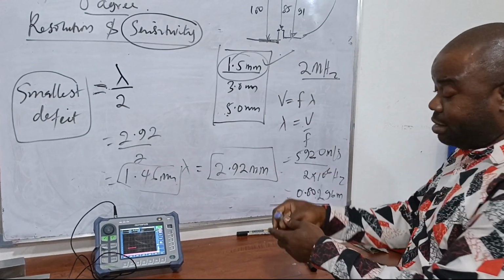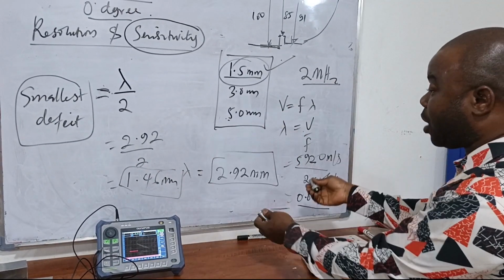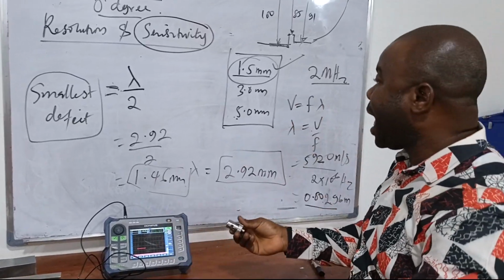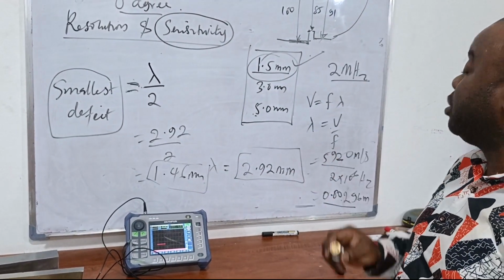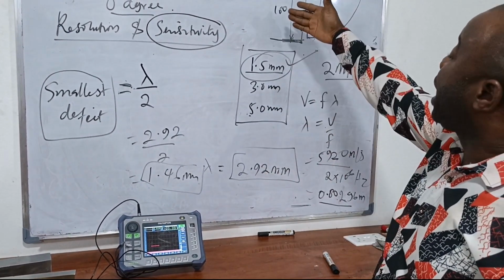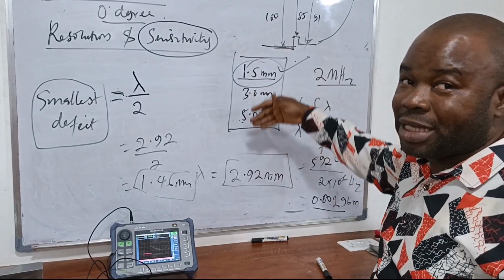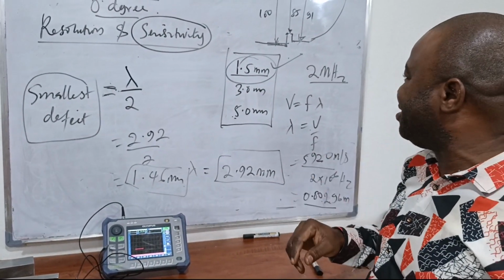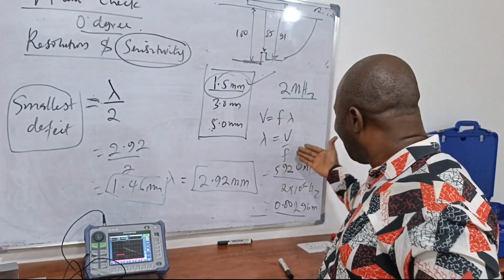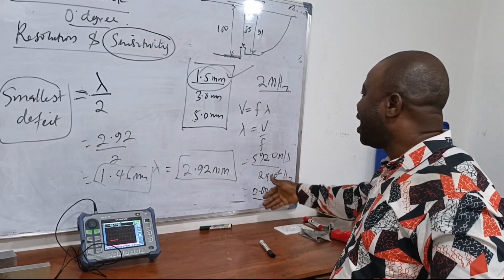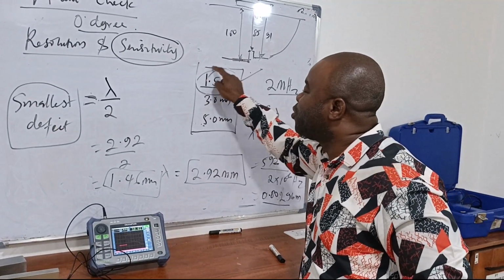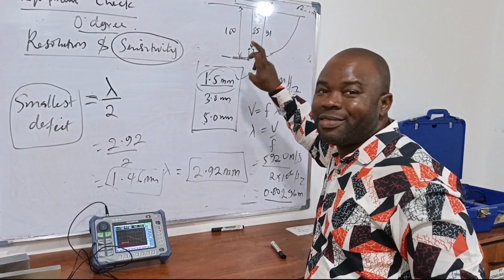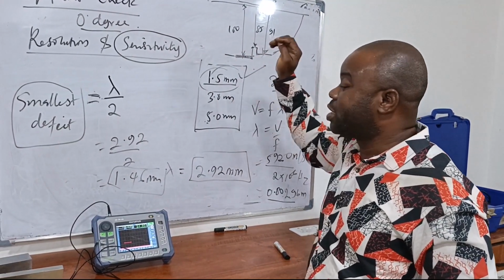So from the calculation, for both 2 megahertz and 4 megahertz, we can use any of these holes to do our sensitivity. But if I have maybe 1 megahertz, obviously if you check from this calculation, you are not going to be able to use your 1.5 mm side drill hole to do your sensitivity.